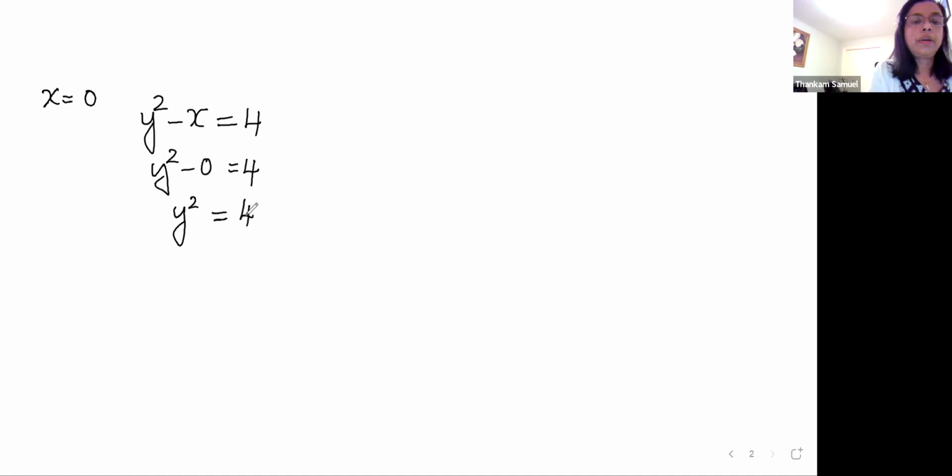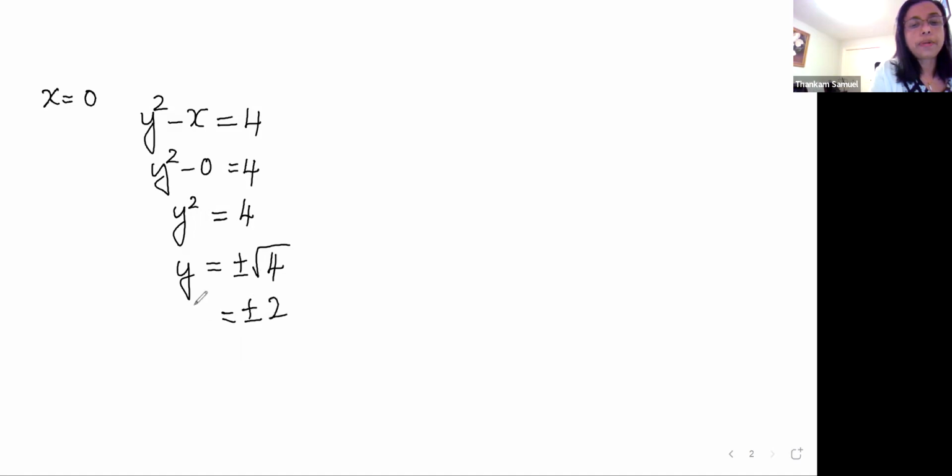To find the value of y, we have to take the square root on both sides. So y equals plus or minus the square root of 4. Always need to consider the positive and negative values. So plus or minus 2.